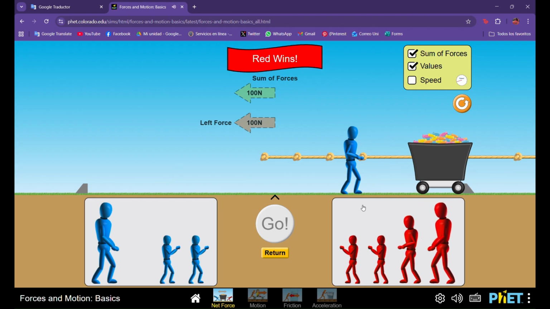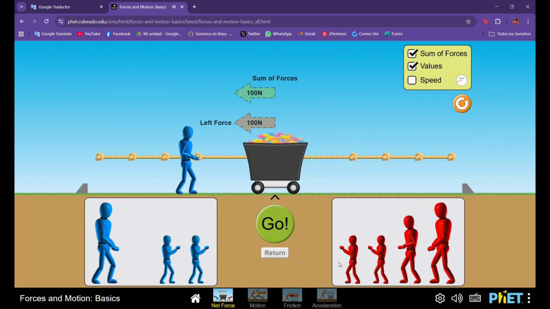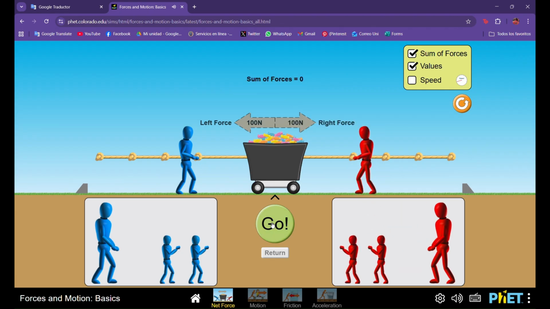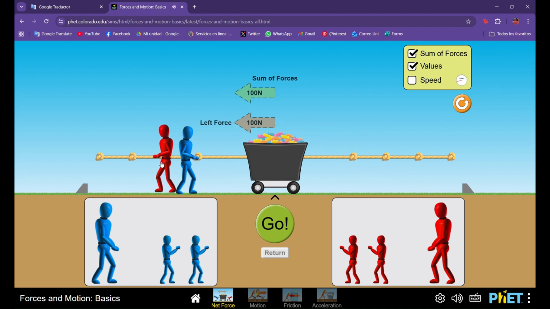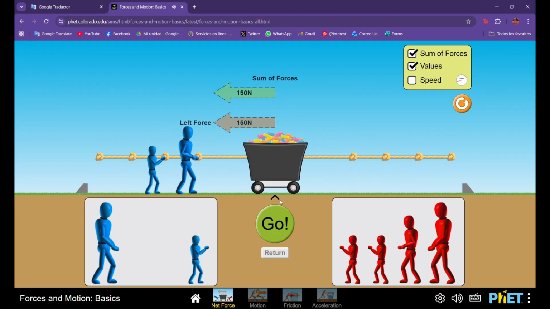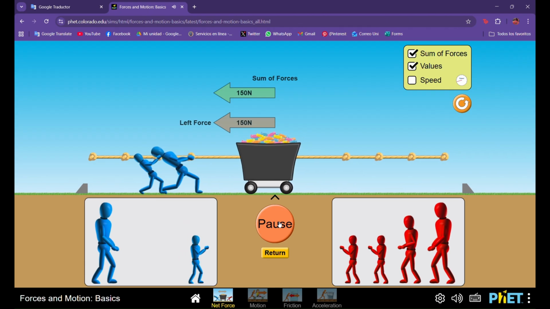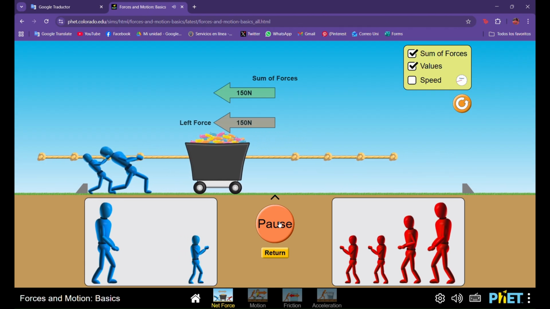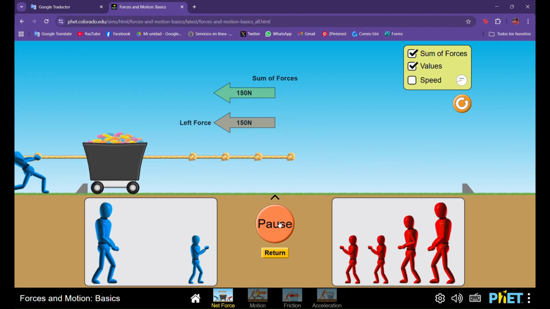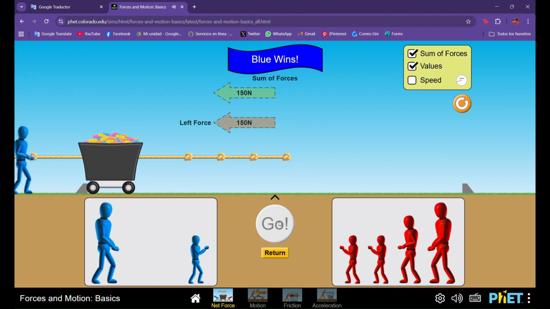But if our net force is zero, let me change it, the car remains at rest. And if I apply a net force to one of the sides, it will move to the corresponding side, which could be left or right.